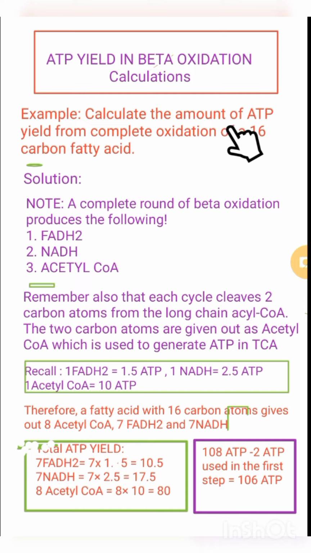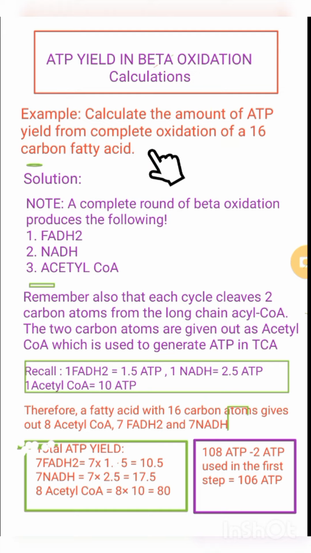Calculate the amount of ATP yield from complete oxidation of a 16-carbon fatty acid. So I have a quick example of the most common fatty acid in human beings, which is palmitic acid. It has 16 carbon atoms. Now, there are a few things that you need to know before you start calculating the ATP yield.